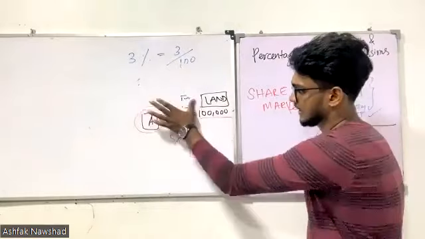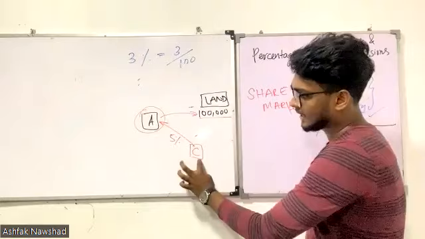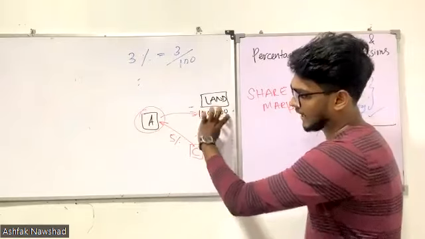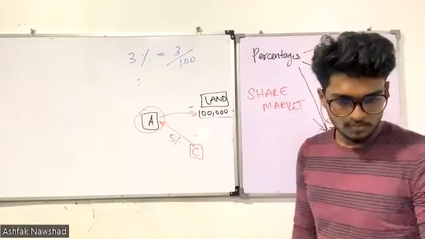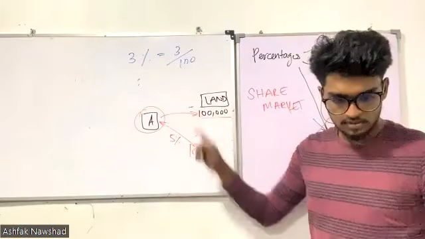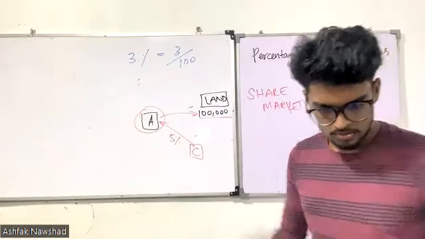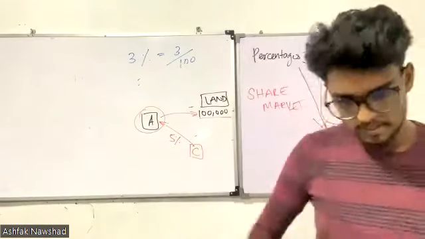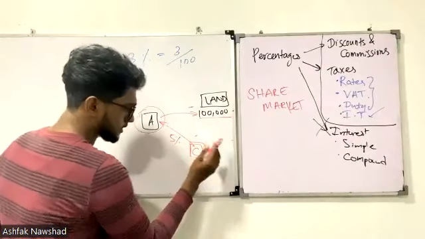Here's the land. Let's forget B. C tells A, if he helps buying the land, C will give 5% of commission. Is this clear? The story. See, you have to buy a land. This is you.